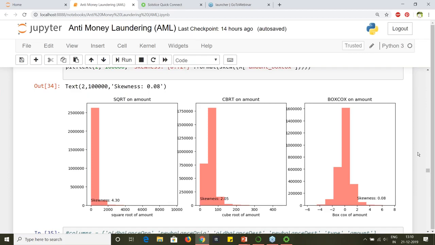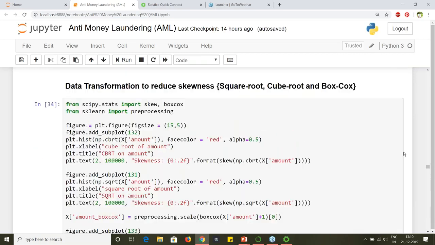What is Box Cox? That is also a kind of transformation, like square root and cube root. What is the equation there? This is a ready-made API. What is the objective of doing this? How does it help?